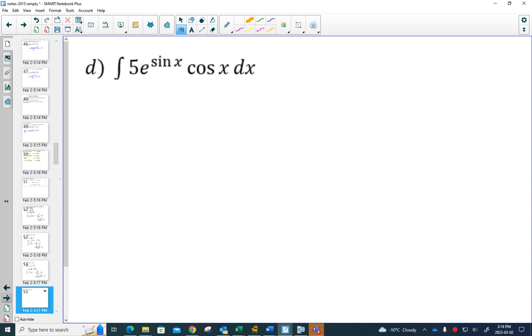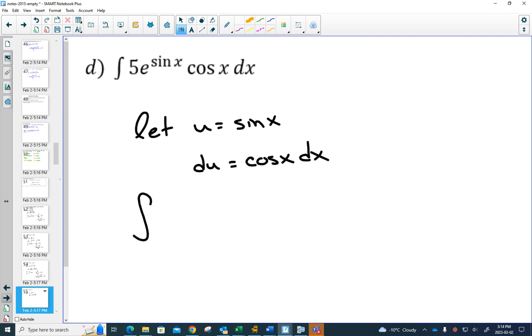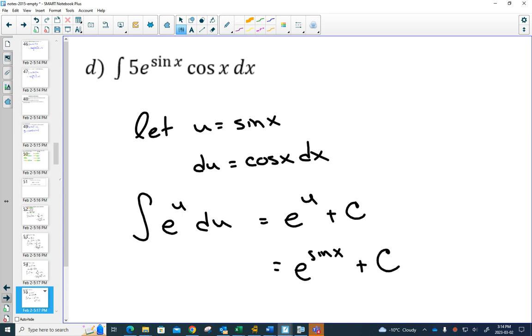On this one, you would let u be the inside function, which is sine x. The derivative of sine x is positive cos x dx. And this becomes e to the u du, which is equal to e to the u plus c, which would then equal e to the sine x plus c.